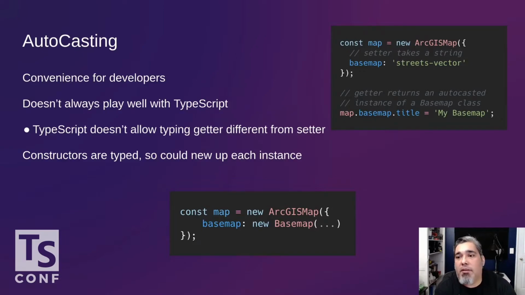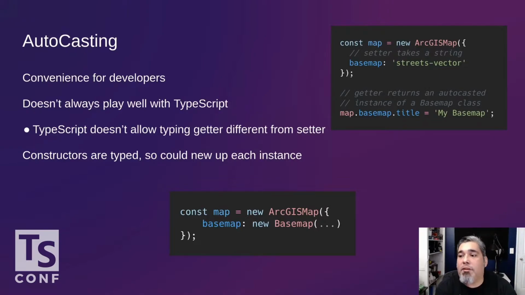We have some named basemaps in our API. So if you tell us the name of that basemap, we're going to go ahead and load it and then create a basemap instance for you. So in this case, the setter is a different type from the getter. You see on the slide here, the setter for basemap is a string, but the getter is going to be an instance of a Basemap class, which is going to have its own properties and everything. It's not a string anymore, it's an object.